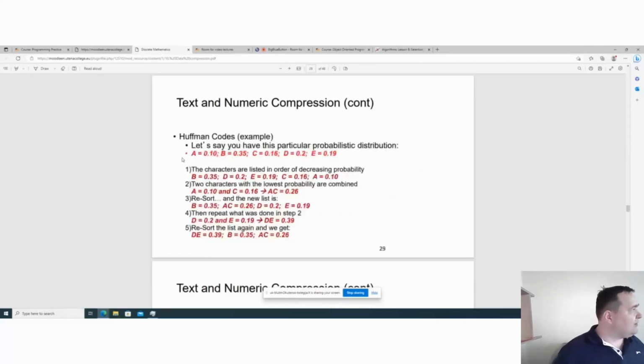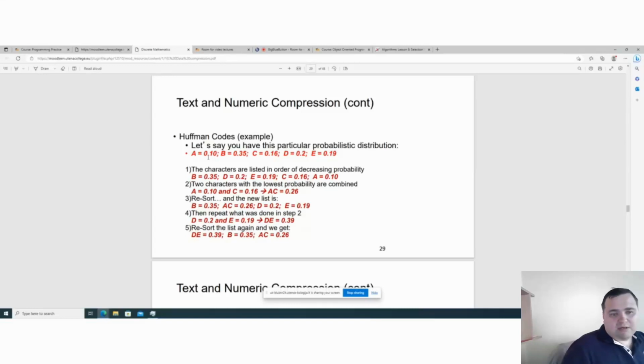The first thing you have to do is collect the appearance of each symbol. What does it mean? If you have A, B, C, D, E in your text, you have to find out the appearance in percentages. As you understand, 0 is 0%, 1 is 100%. So what does 10% mean? Each tenth letter is A. Makes sense, right?